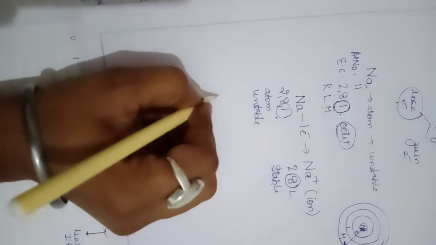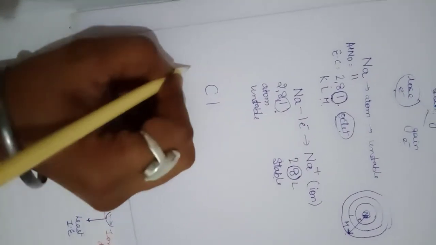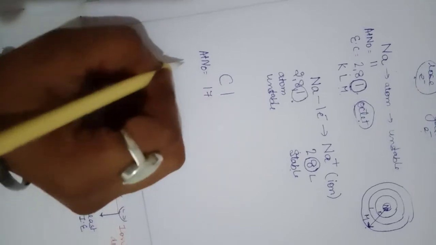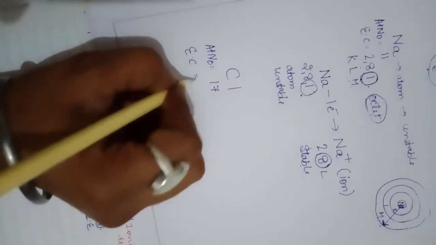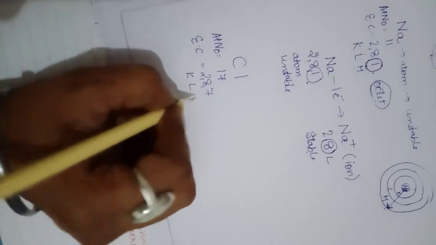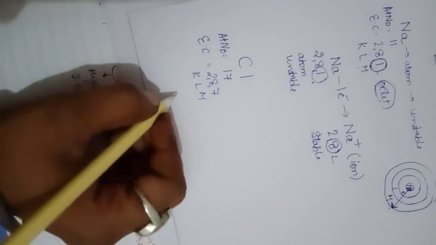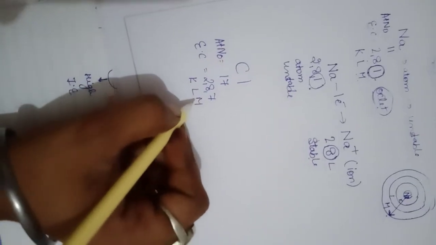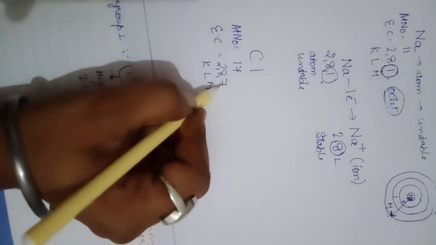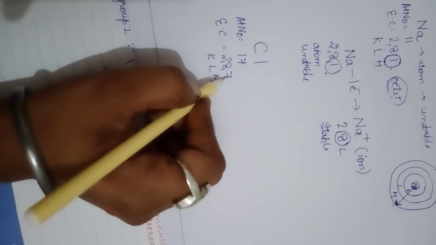Let us take chlorine. Okay, chlorine. Its atomic number is 17. And its electronic configuration is 2, 8, 7, K shell, L shell and M shell. Now here with this chlorine, the first thing is that to become stable it requires one electron to complete its octet.